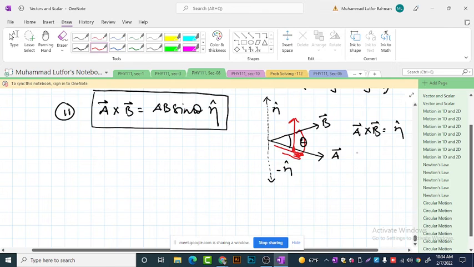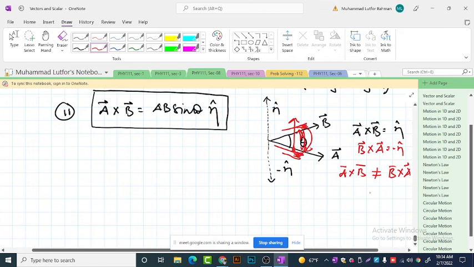But if I do B cross A, in that case I will place my forefinger towards that direction and my palm towards vector A. Then I rotate from B to A, and my thumb would be in the downward direction. So this will be the minus eta hat. That's why A cross B is not equal to B cross A.